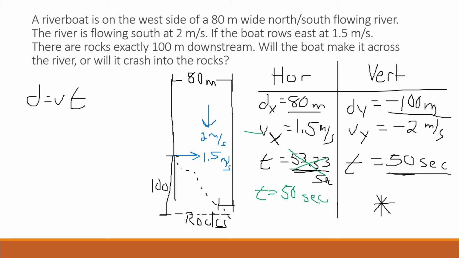So with this velocity and this time, it actually only travels 75 meters because this velocity times time is 75. So it needed to go 80. It was just 5 meters away from the shore, but then it hit the rocks. So sad.